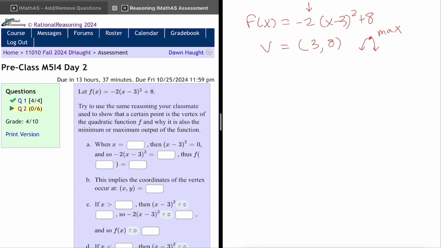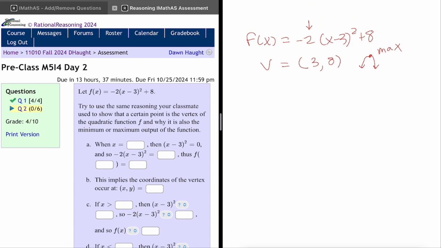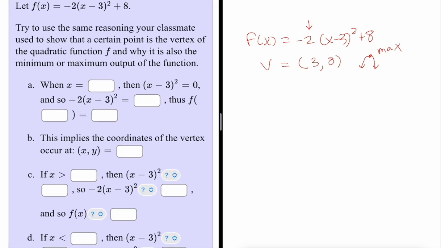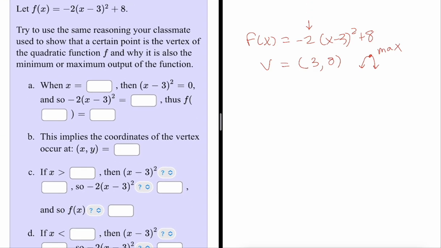So if we just look at that equation and pull that information out before we do anything else, it will make the question flow a little nicer. So it says, try to use some reasoning your classmate used to show that a certain point is the vertex. When x is equal to 3, because that's our vertex x, then x minus 3 becomes 0.